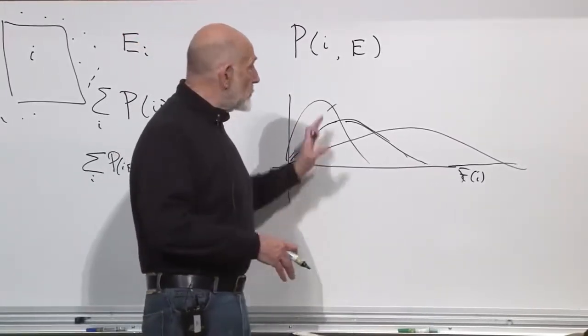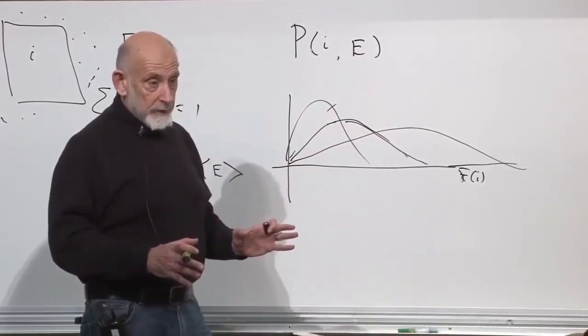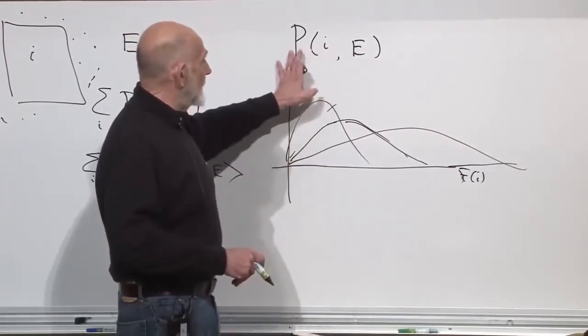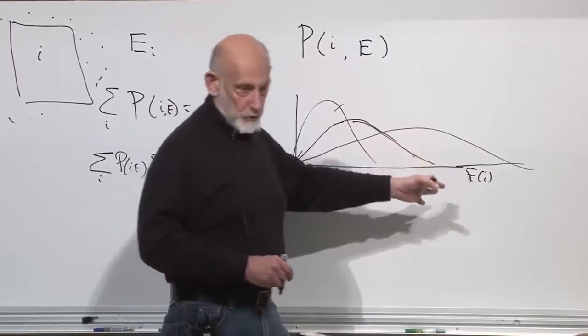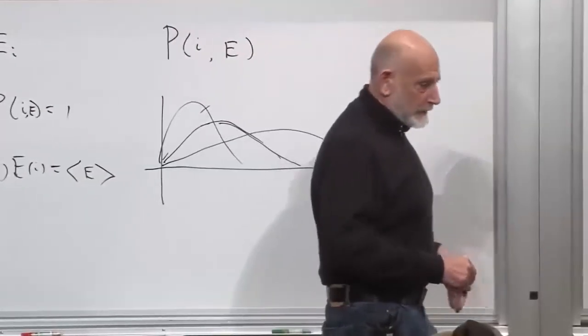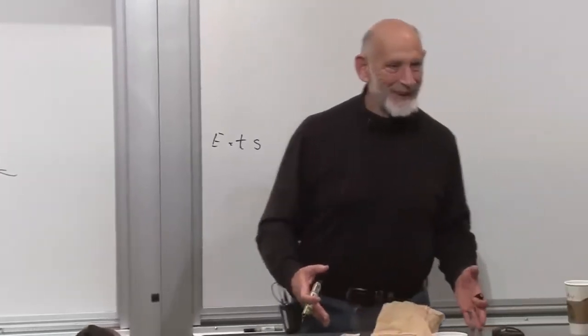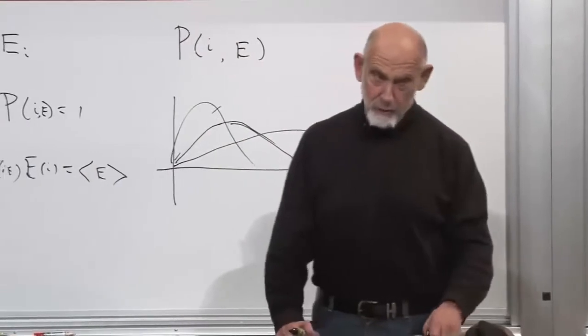Where we're getting this one-parameter family from will come later. We'll just say, as a matter of experience, if you know the average energy of the system, then there's some probability distribution associated with it. To give it a name, it's the Boltzmann distribution.